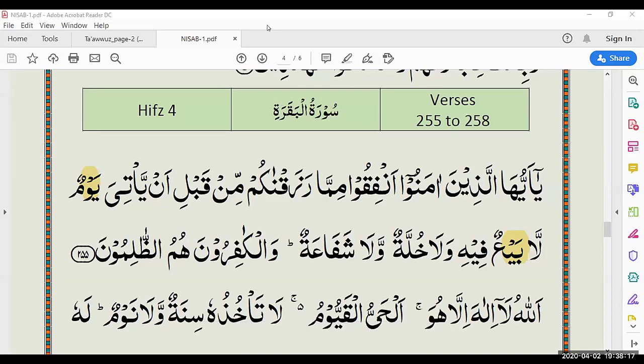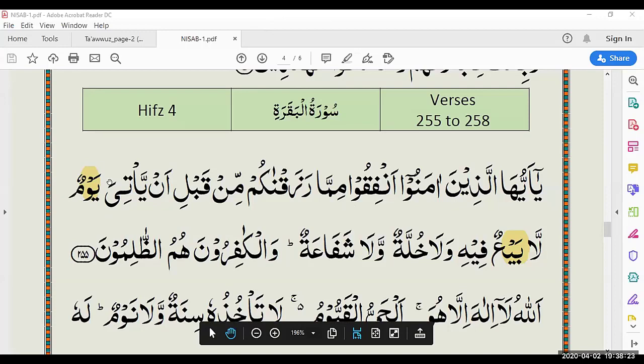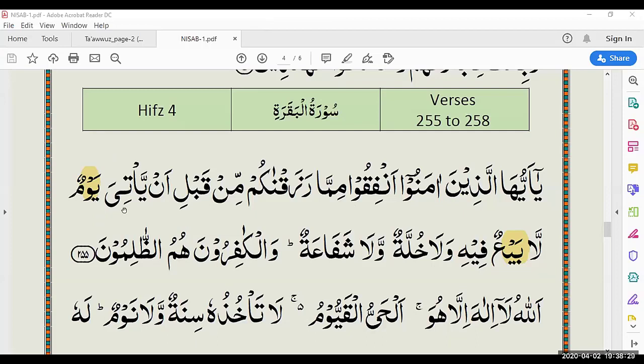Okay. So first of all, why do you think I've highlighted these two words? They are haruf. Yeah, go on. So you need to prolong this letter for 2 seconds because they are followed by a fatha. Excellent, well done. So what is this letter called?